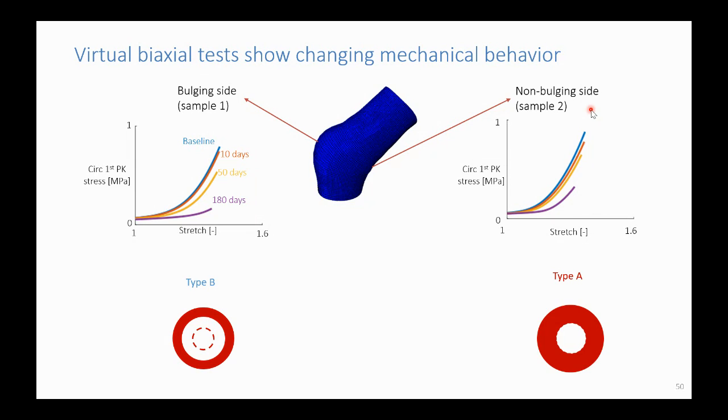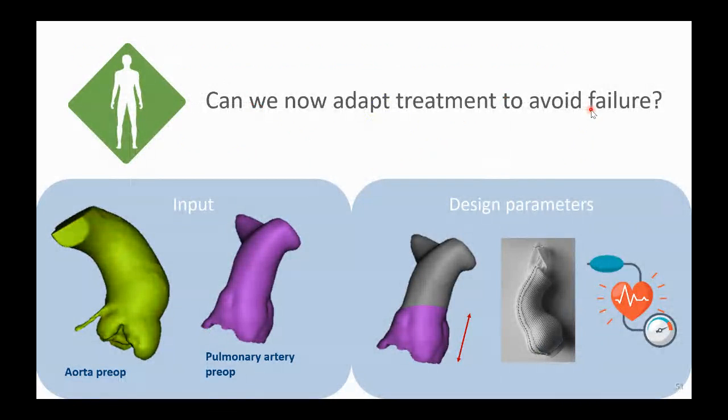Which again, we can observe that in the non-bulging side, a more type A remodeling is taking place, whereas in the bulging side, the dilatation is so large that the system cannot cope, or the smooth muscle cells cannot cope, or at least that's our hypothesis, which seems to match well with experimental reality.